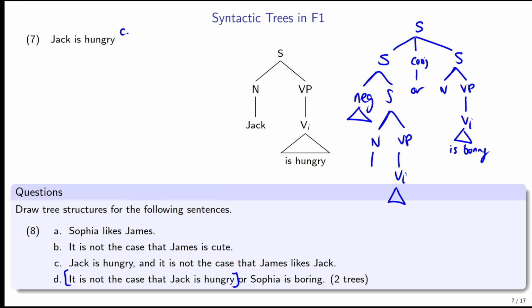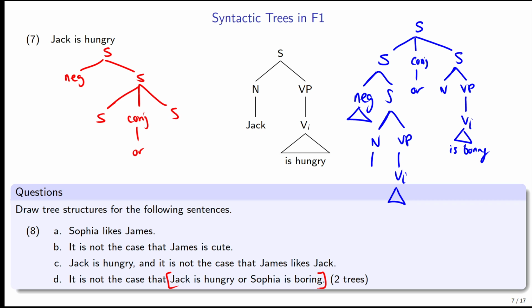The other interpretation is where we have Jack is hungry or Sophia is boring being negated. So we start with an S, we do a negation, and then we get to our next S. So negation is negating everything. And then here under the second S, we're going to have Jack is hungry or Sophia is boring.